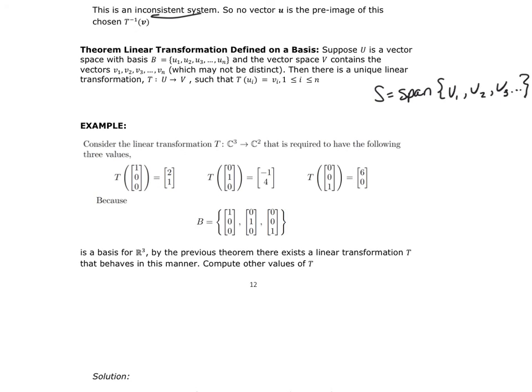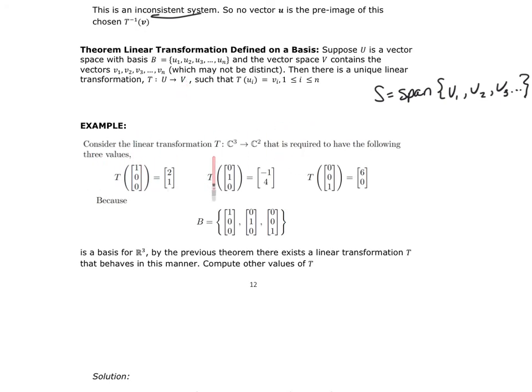Is this the basis? And we found sometimes, no, that was not the basis because they were not linearly independent. Well, now we're saying if I have this basis B, then I'm going to be able to find a linear combination that's going to take my basis and get the vectors in V.